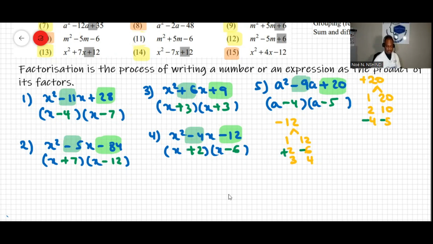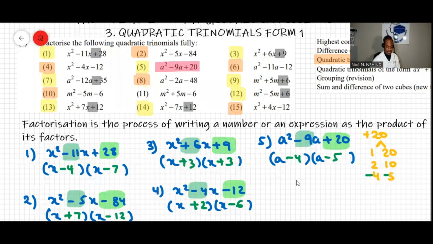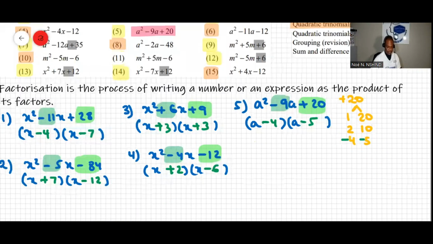That makes it so we can factorize this, and then let's take the last one. In purple, let's take question 8 here. We have a² minus 2a minus 48.